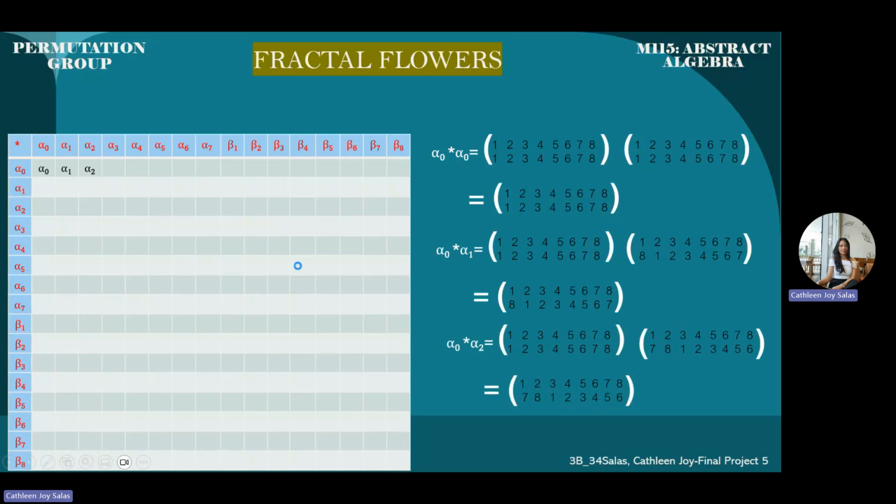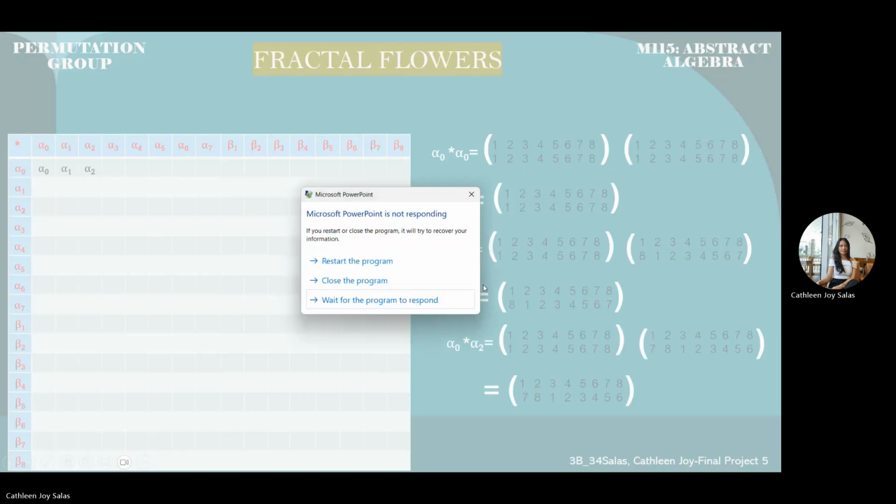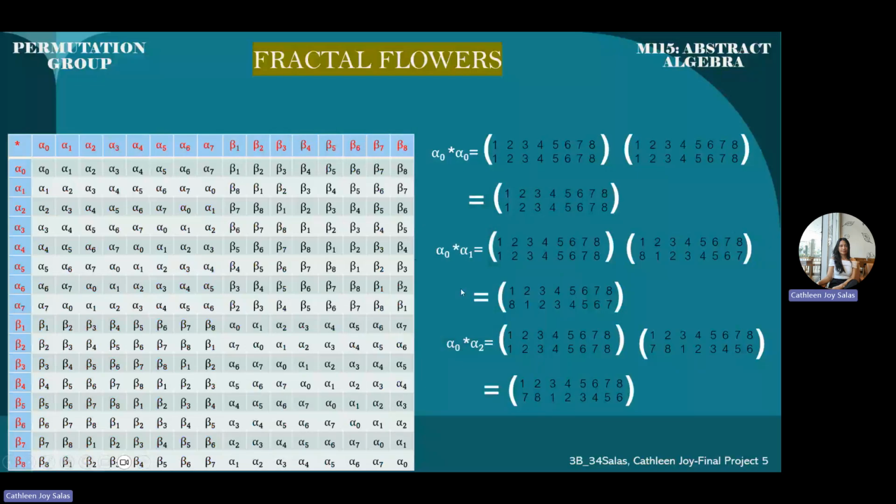So while waiting, after we completed the permutation table, we will see if the table of results of the permutation is a group. So here is the completed permutation table.